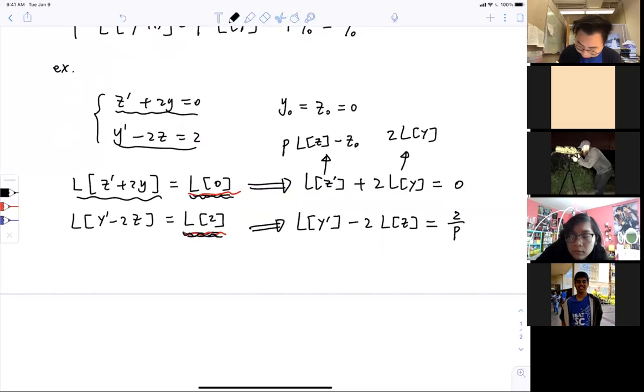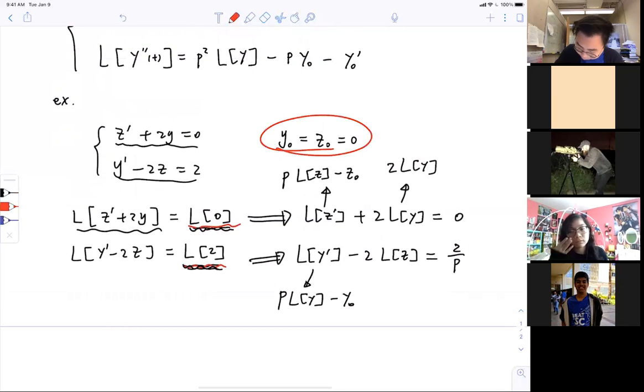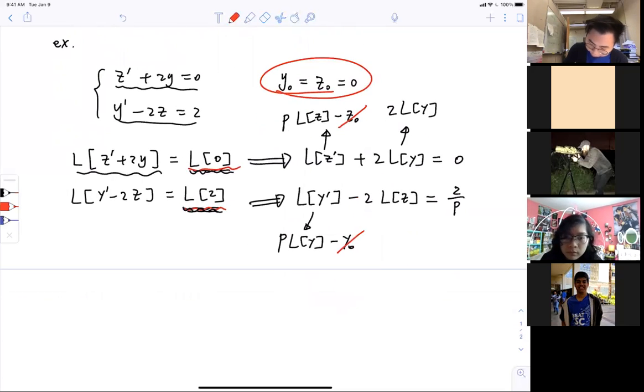And okay, so this guy is also p times L(y) minus 1 naught. Remember the initial condition tells us y naught and z naught are both 0. So we get 2 equations.